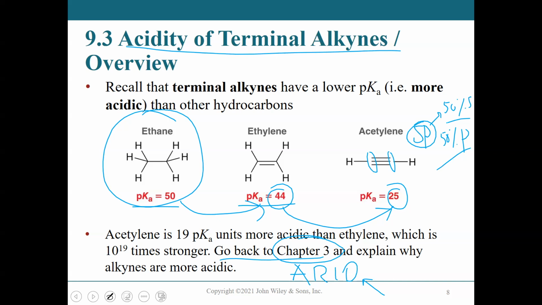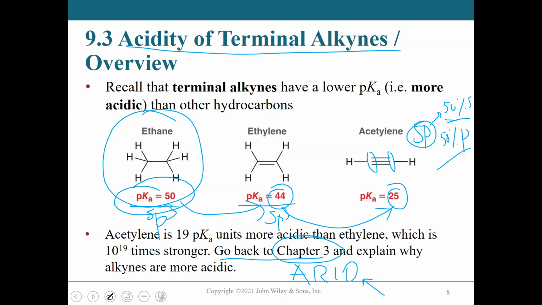So the more s character you have, of course, the more you will have those properties. That's why sp is more acidic, more electronegative than sp2 and sp3. So in alkanes the pKa is 50 because they have very small s character, sp3, only 25%. In sp2, you have 33%, but in sp, you have 50%.